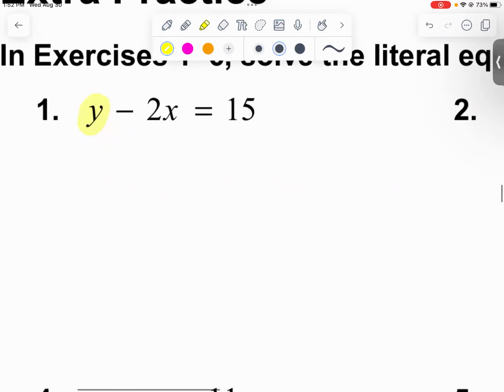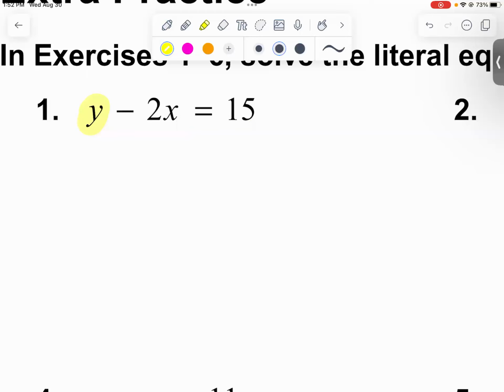Okay. So I need to do operations in order to get Y all by itself. How is that 2x tied to Y? Y is being subtracted.